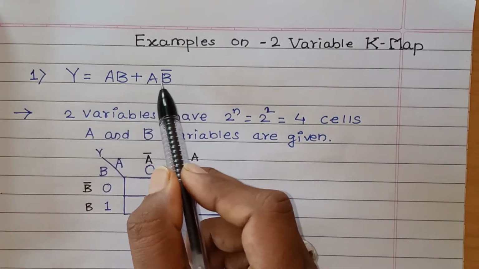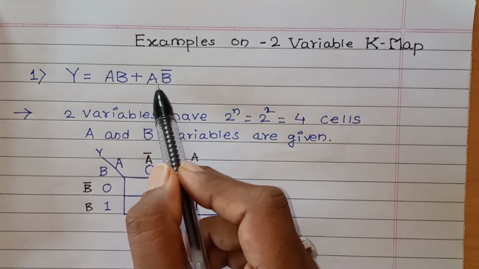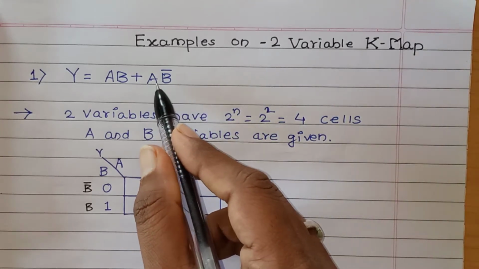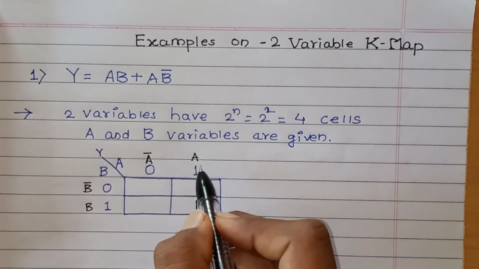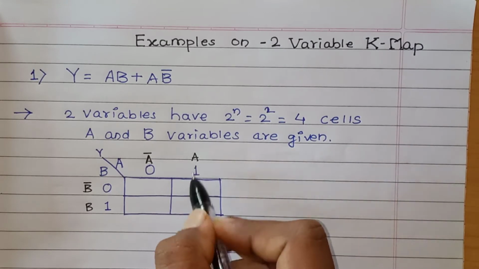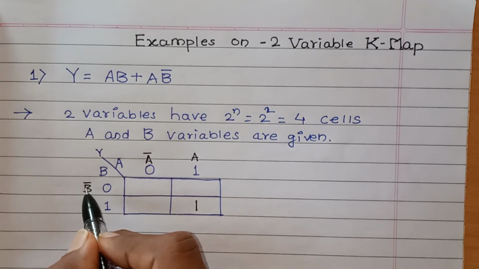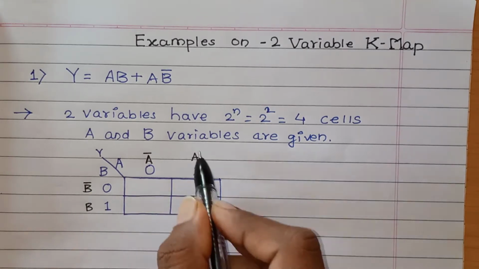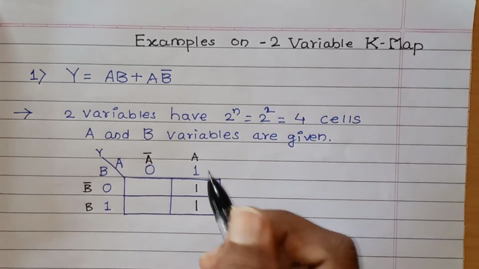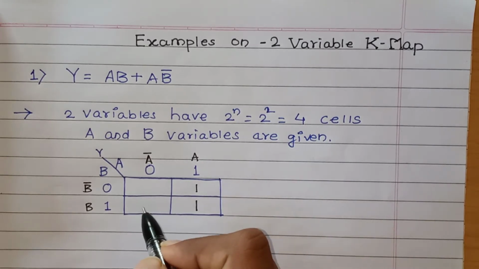Plus AB bar, means we need to consider the column of A. So this one, that is the second column, and the row of B bar. So here it is B bar. So where they intersect, we will put 1 and the remaining cells will be empty.